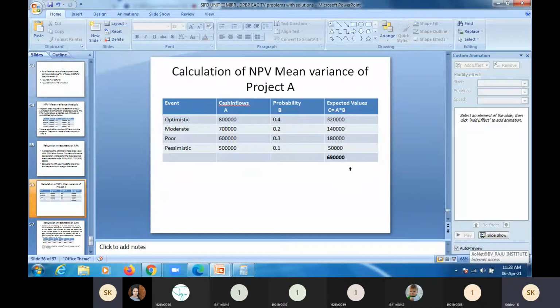So now apply the NPV. So you find out the NPV of project A. So what is the formula for this? NPV.